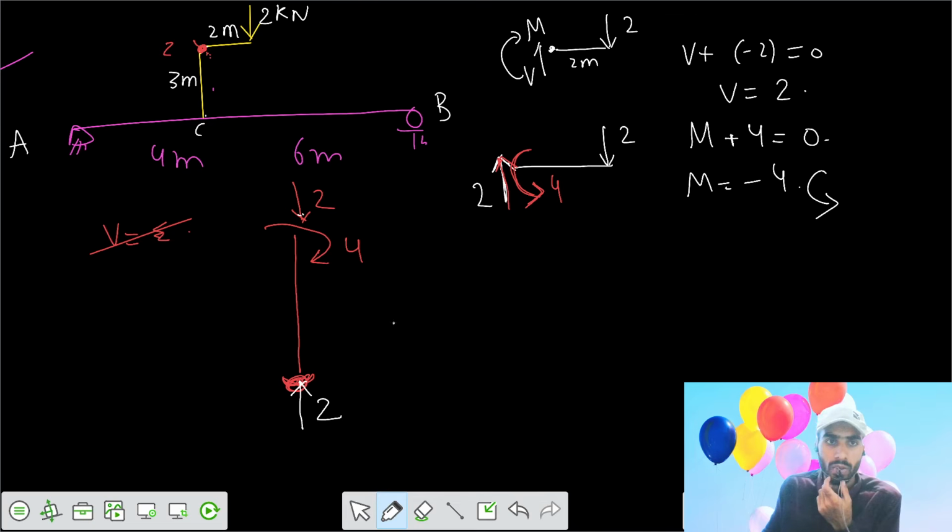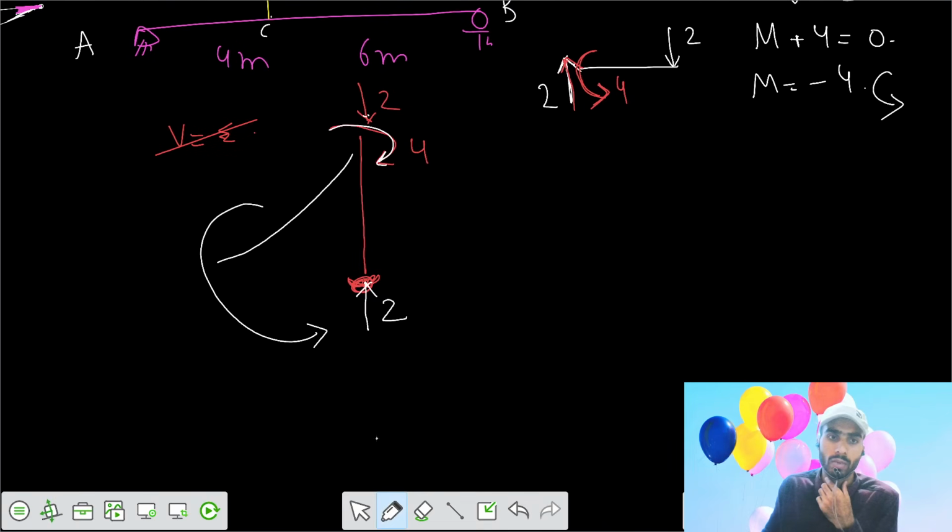And the moment you are applying in the clockwise direction tries to rotate the bar this way, so the bar will react this way. No, it's wrong. Since the bar is going that way, we need to prevent the rotation. For that, we have to apply a moment in the opposite direction, in this direction.